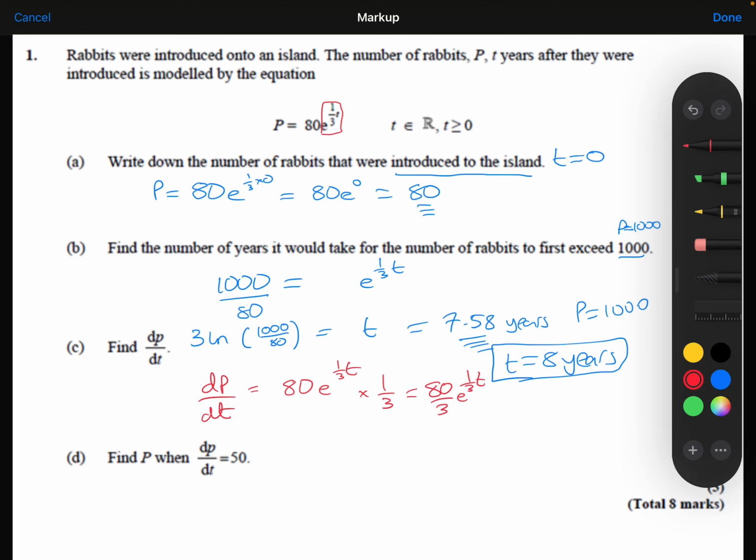I now want to find the population when the rate of change of the population is 50. So let's take my dP by dt, which I worked out in part C, and make it equal to 50. Let's multiply both sides by 3 and divide by 80.